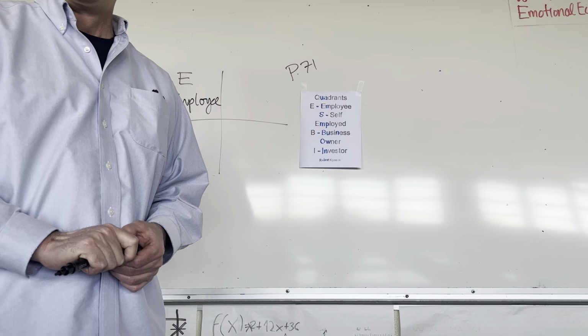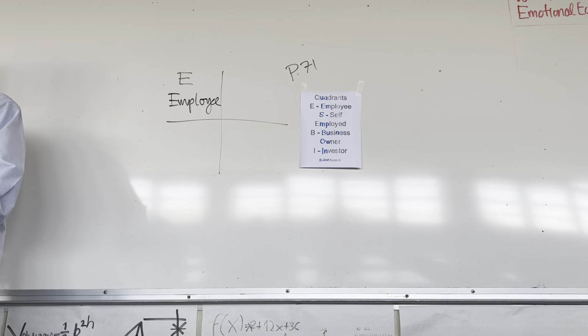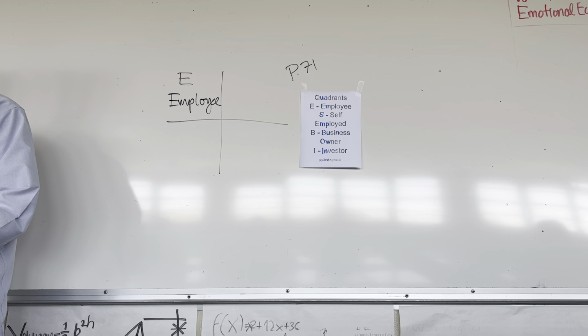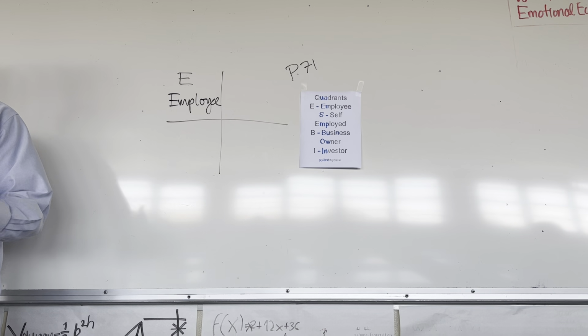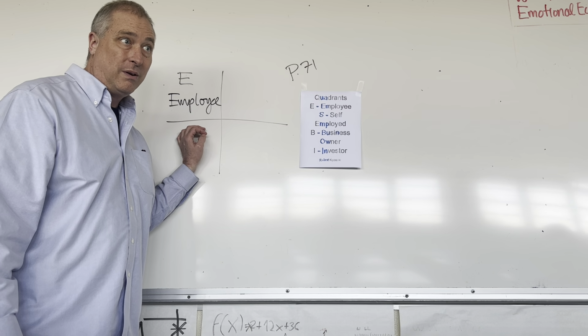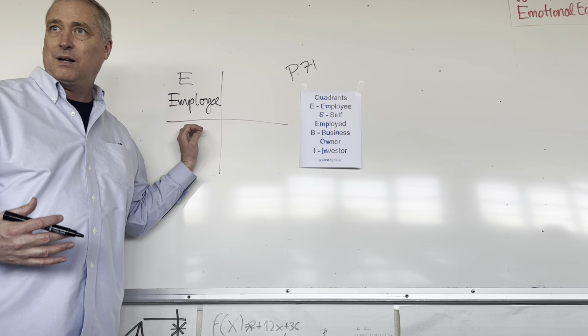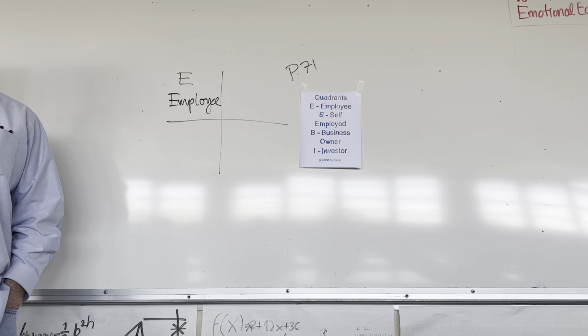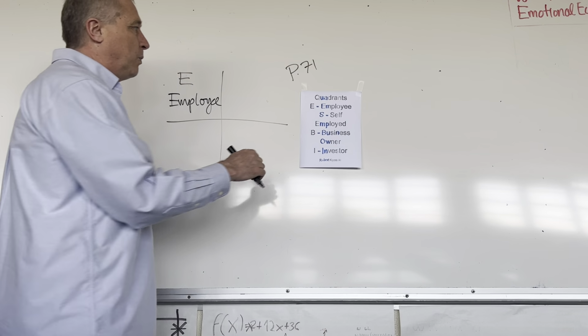You work 10 hours and they pay you 10 hours times the hourly rate. So an employee gets paid by the hour. That defines it, right? You work for that company, you sign in when you get there, you work, you get paid, and you leave. Okay, what's the next one?